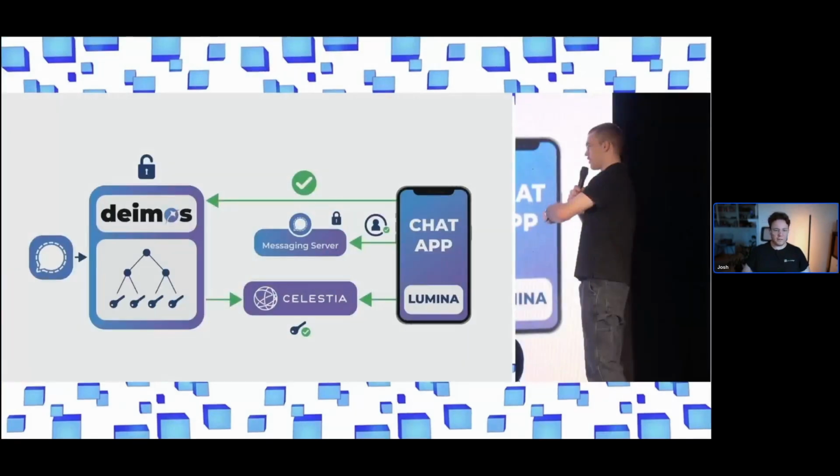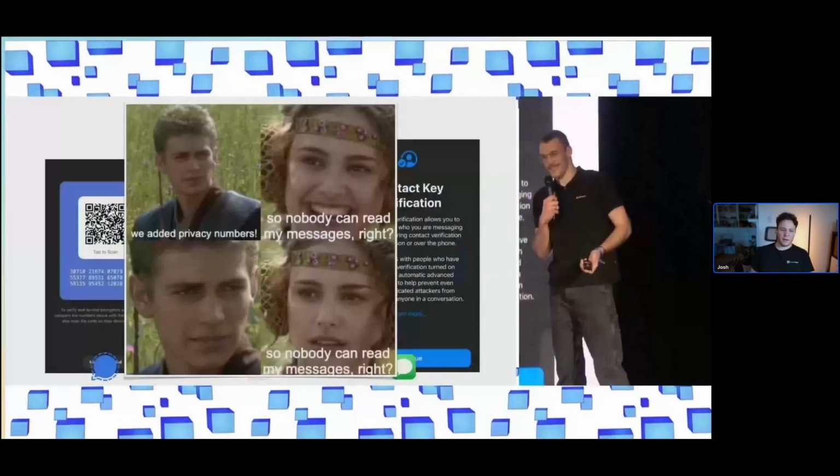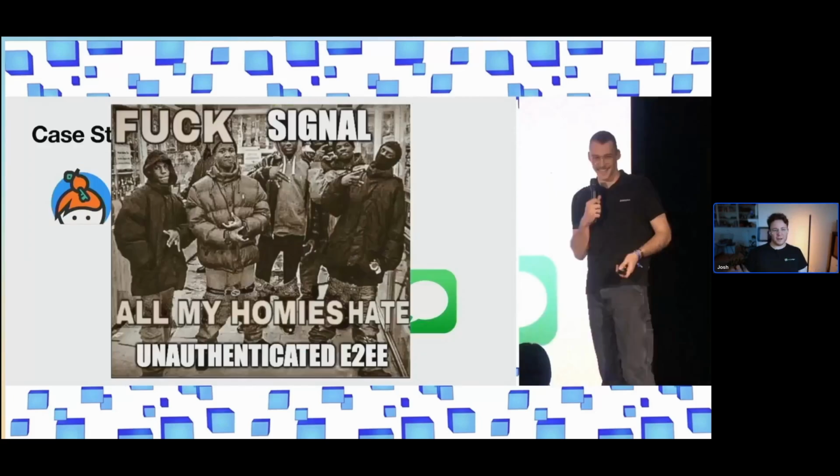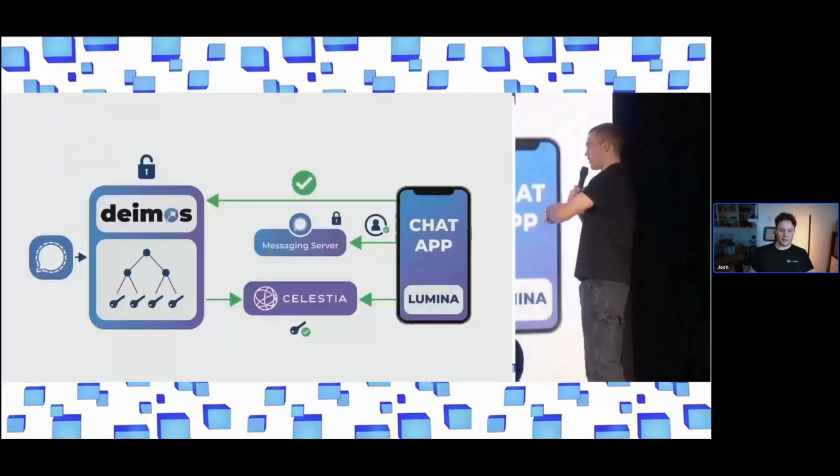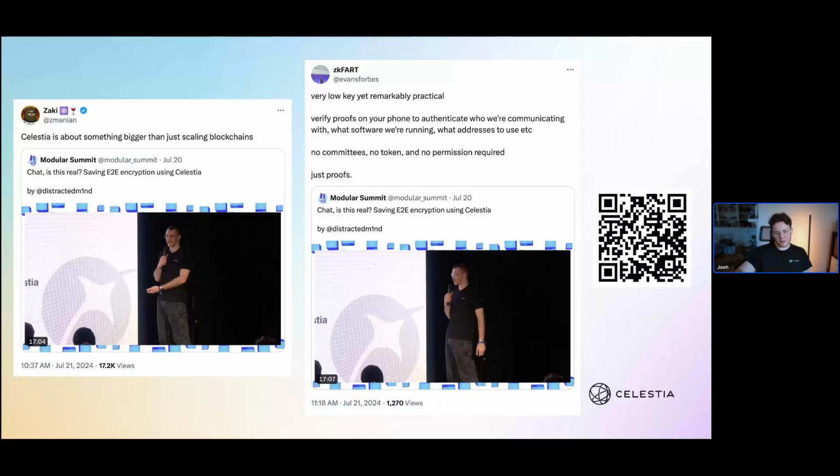And the use case of this application is that you can create a key store directory that is basically built on Celestia, where anyone can go and verify. Basically, instead of having to trust Signal for the privacy numbers, you can actually go and verify that on chain. So I might have botched a little bit of that, but I'd really recommend going back and watching Ryan's talk if you want to scan the QR code.